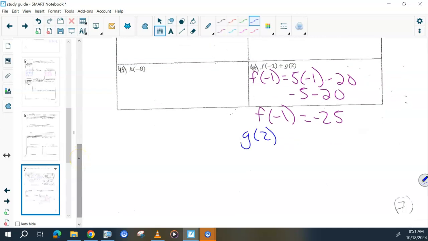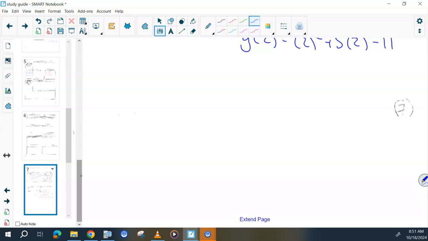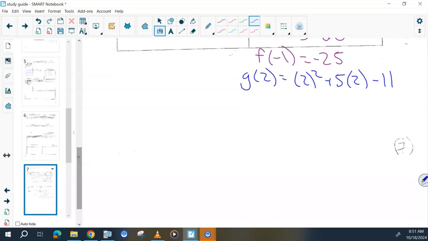G of 2 equals 2 squared plus 5 times 2 minus 11. And then I'm going to figure out what each number is. So 2 squared will give me 4, this will give me 10, minus 11. What is g of 2? 3.